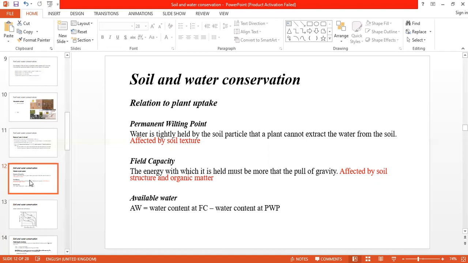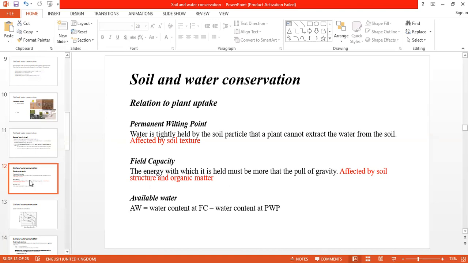So even at a certain moisture content, one plant can dry up in those conditions, while another one can survive because it has enough capacity to extract water from the soil particles, while the other does not. So we need to monitor this property, the matrix potential.